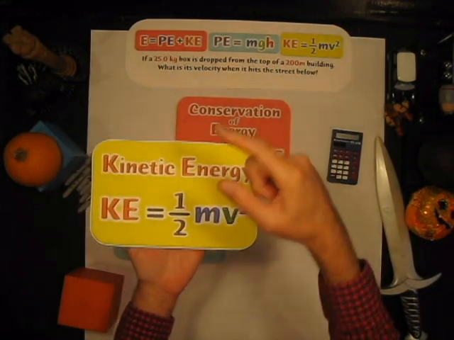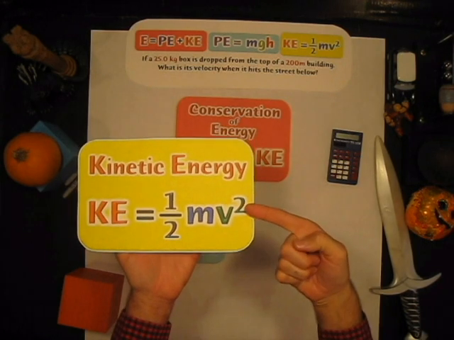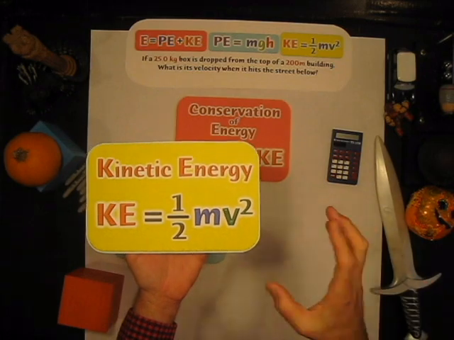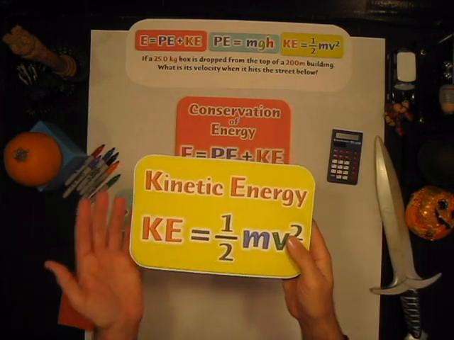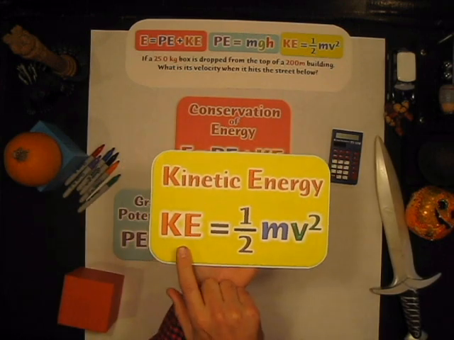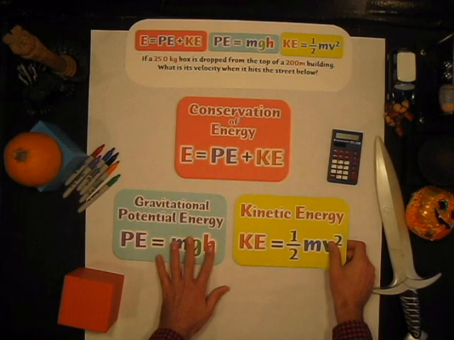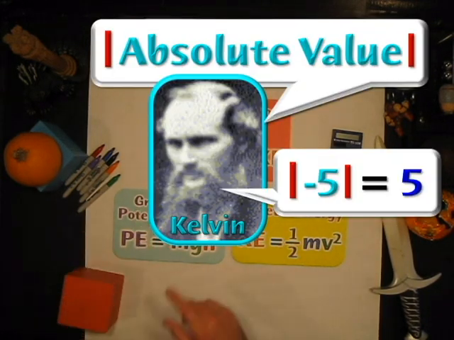Yes, because velocity is a vector, it can be positive or negative, but not when you square it. When you square a negative, it becomes positive. Therefore, no matter which direction the object is moving, the kinetic energy will be a positive number. So really, to use this equation properly, we should probably use the absolute value of the potential energy.